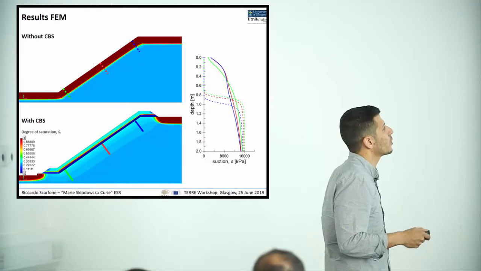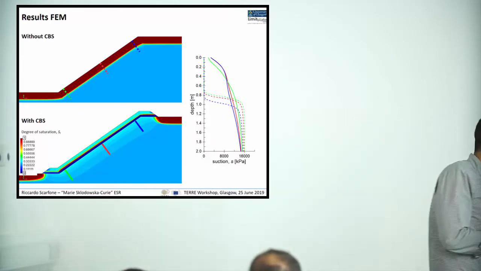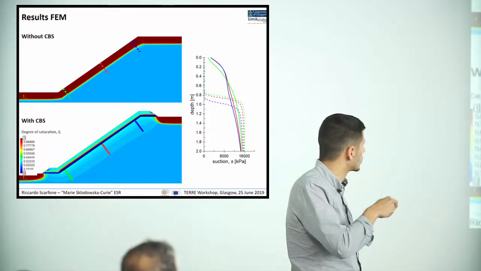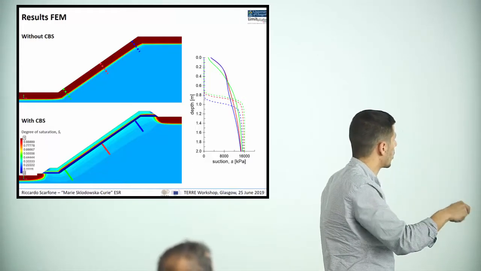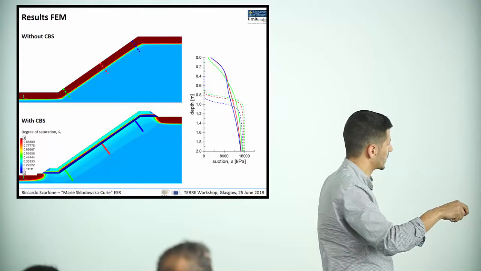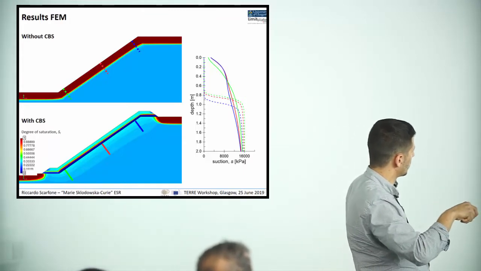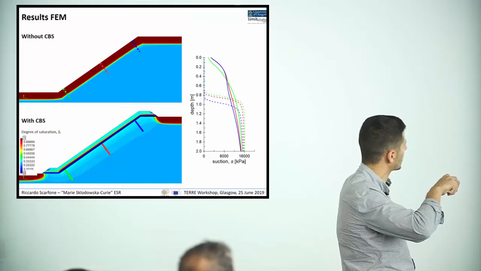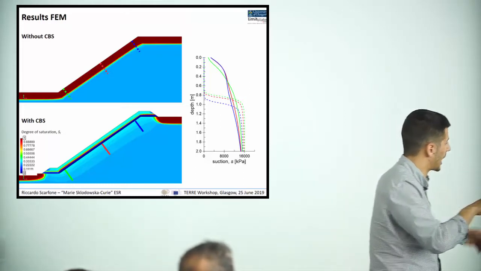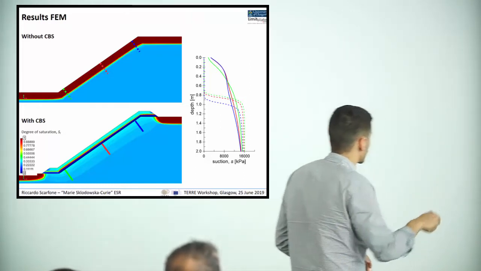In particular, if we are also interested in the suction profiles, considering the different sections with colors, the solid lines correspond to the case with the capillary barrier system, and the dashed lines correspond to the case without it.